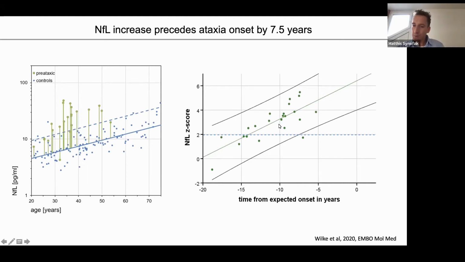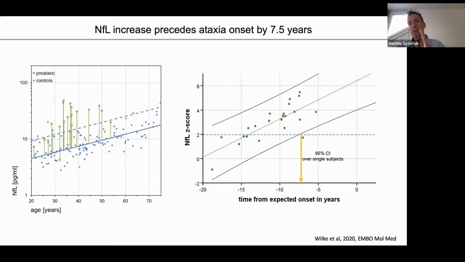And what you see, first of all, is a linear increase in the pre-ataxic subjects relative to their expected proximity to disease conversion. So it's kind of a proximity marker. And you see that the confidence interval does not overlap anymore with a Z-score of 2 to controls at about 7.5 years to expected onset.